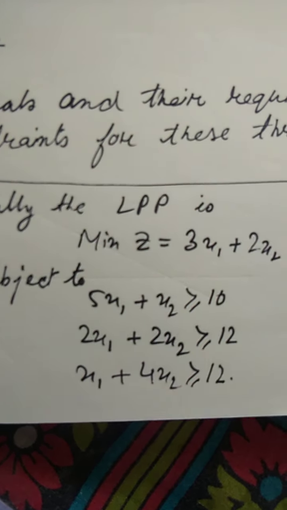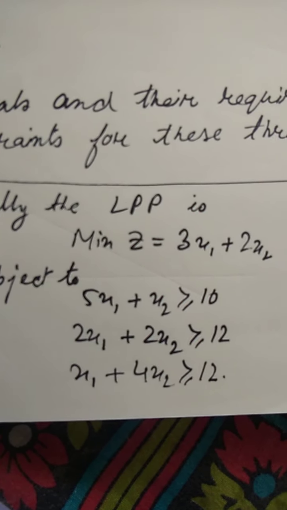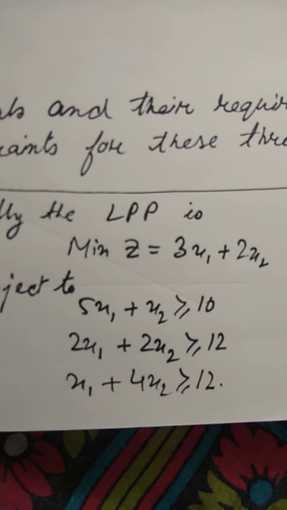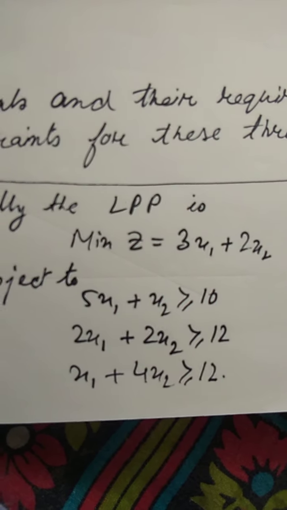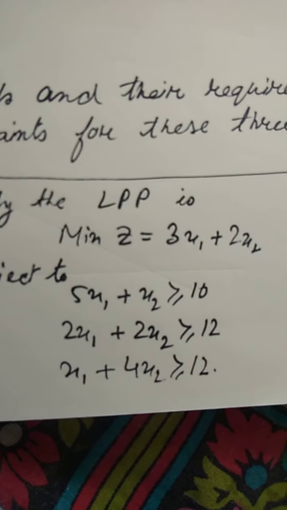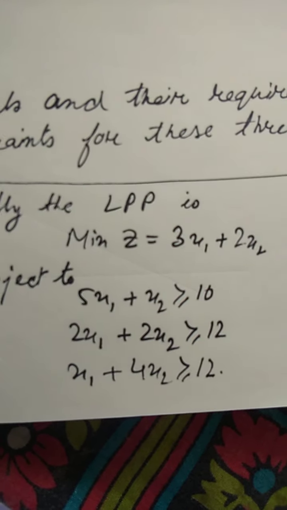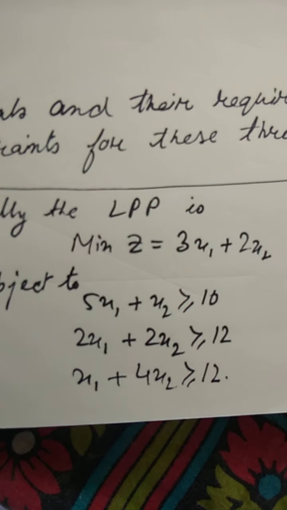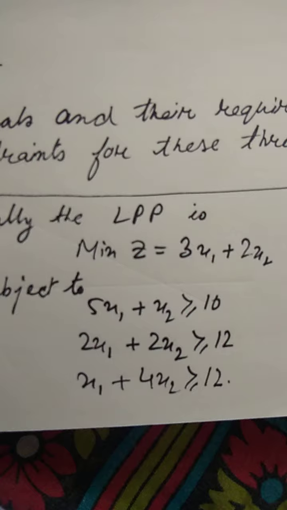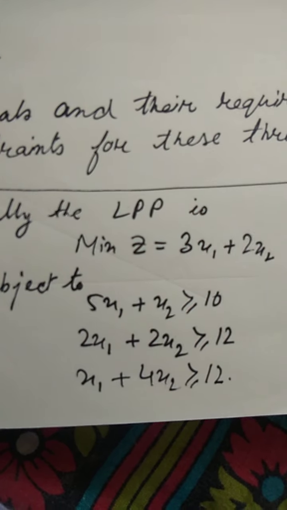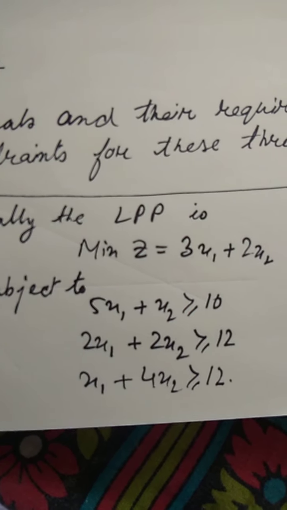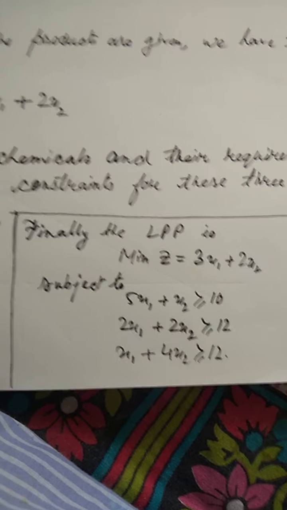So, that is how you formulate a minimization problem. It is very easy if you go step by step, otherwise you will mess up which are the constraints and which are the variables. So, you have to precisely select the variables and precisely think about the constraints, then you can easily formulate the problem of LPP. Thank you.